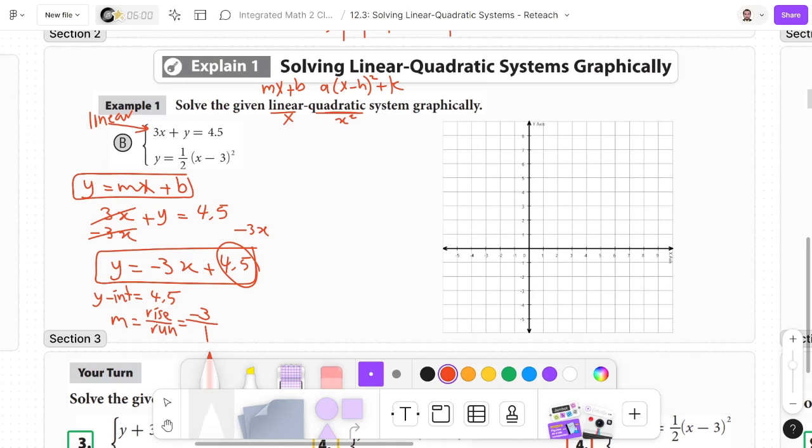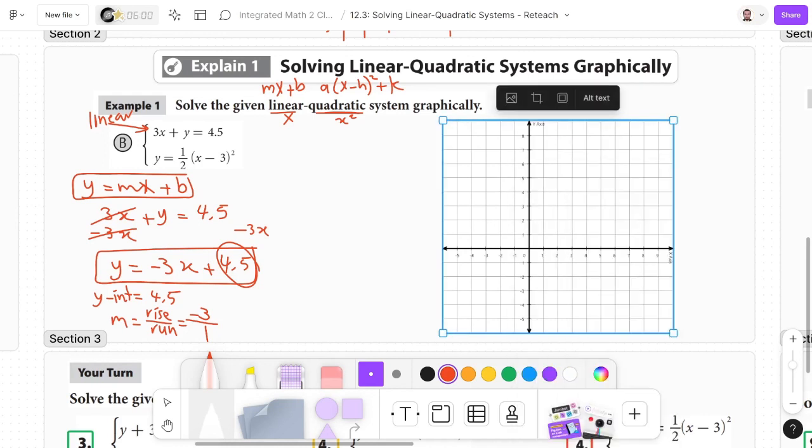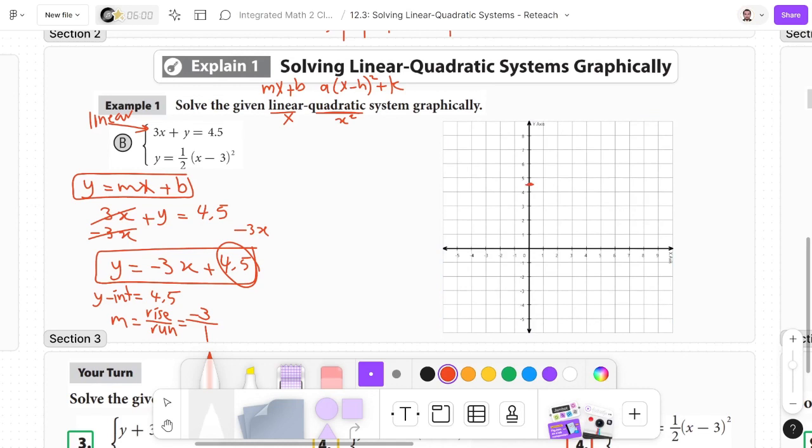So now let's start from the y-intercept, which is 4.5. So this is 1, 2, 3, 4. 4.5 is something here, right? So it's here. So this is 4.5. Then from this point, we go 3 steps down and 1 step to the right. So 1, 2, 3, and 1 to the right.